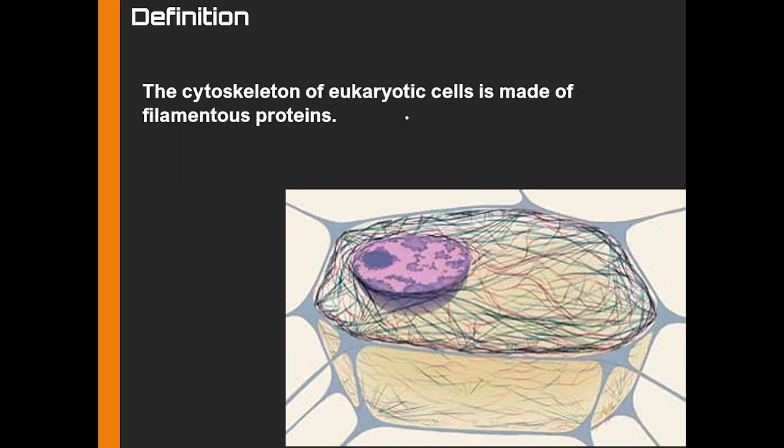They are mostly made up of filamentous proteins, and you can see it is like a meshwork. Here a nucleus and a cell structure are shown, and this is how they are distributed.